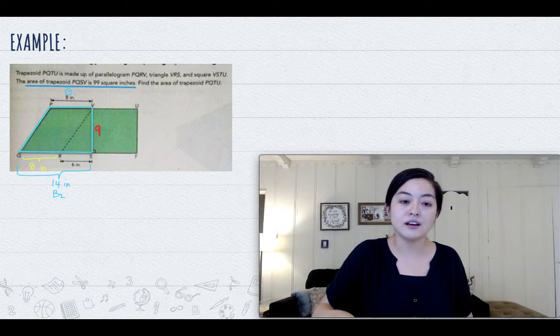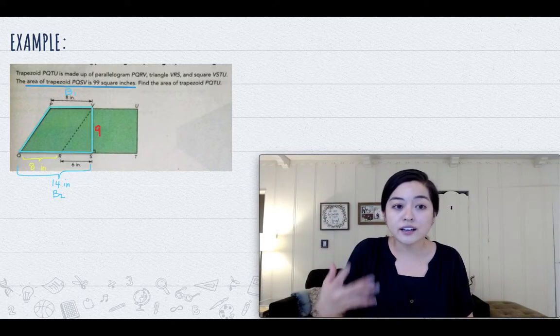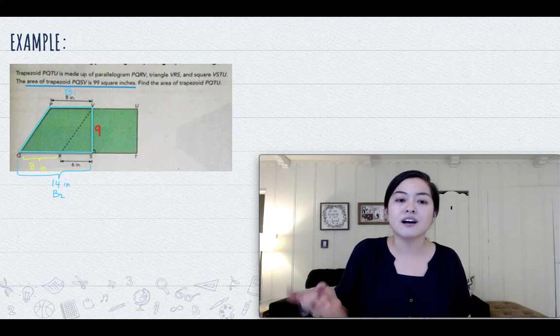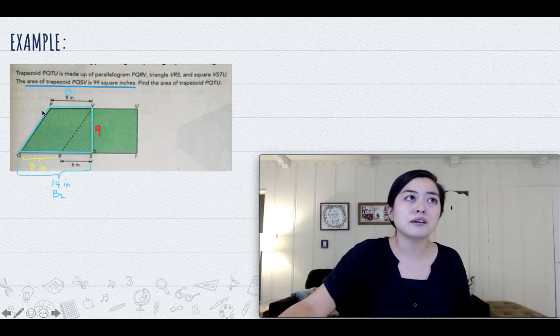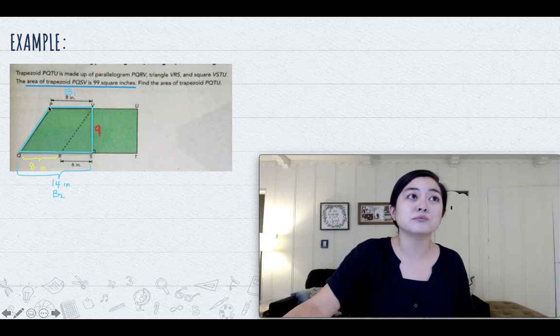All right. So now that I have this height here, look at this big trapezoid, PQTU. Within this polygon, I have a smaller trapezoid, and then I also have a square over here, VSTU.